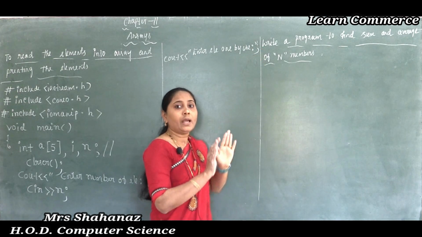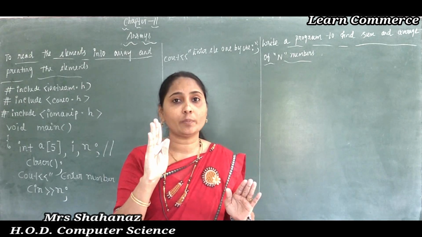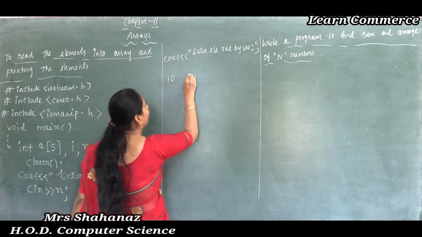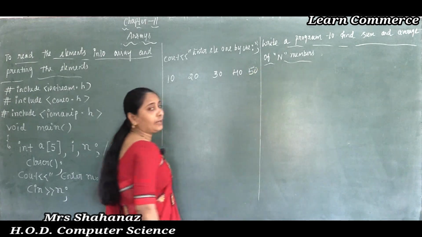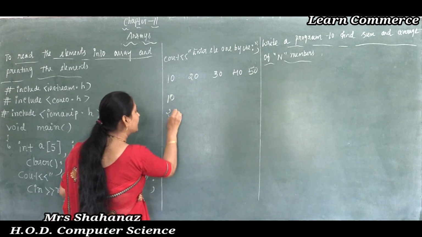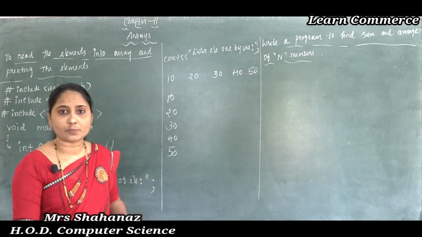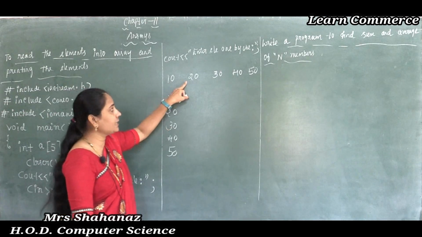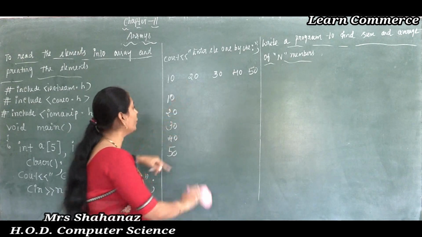If you don't want it just in a horizontal manner, that means left to right, like 10 20 30 40, then you don't need to give endl. If you want them displayed one after another, sure you need to give the endl. So clear this point here. So this is the use of endl, and without the use of endl the values are going to display horizontally here.